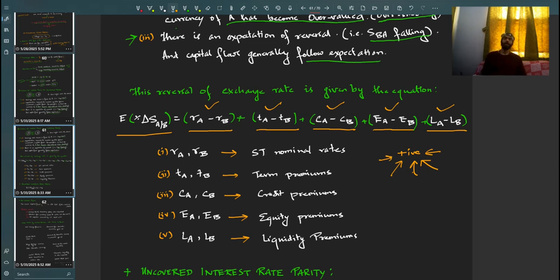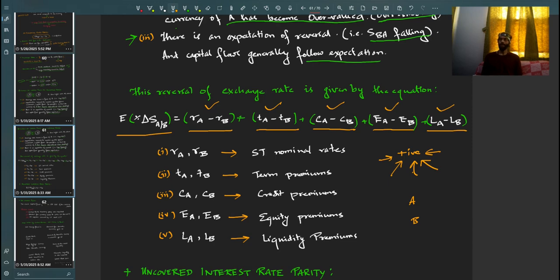But as this market gets more and more saturated, the investors start to think, okay, we are investing here because of higher returns, but are we taking too much risk? Are the opportunities saturating? That is, if we are not able to capture this differential, let's say A and B both have credit risk.